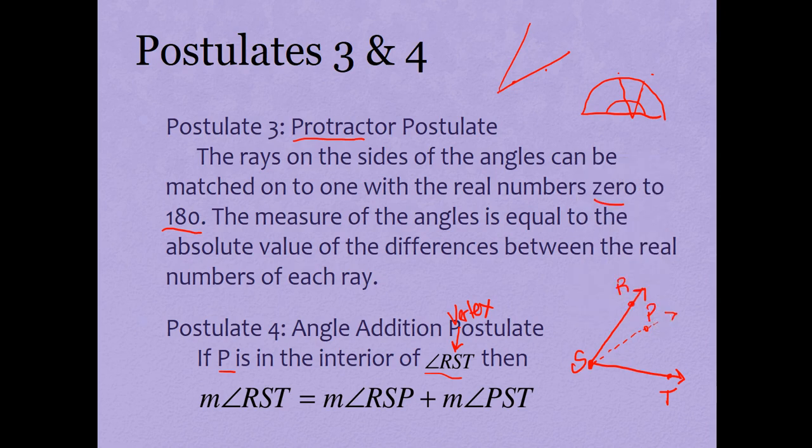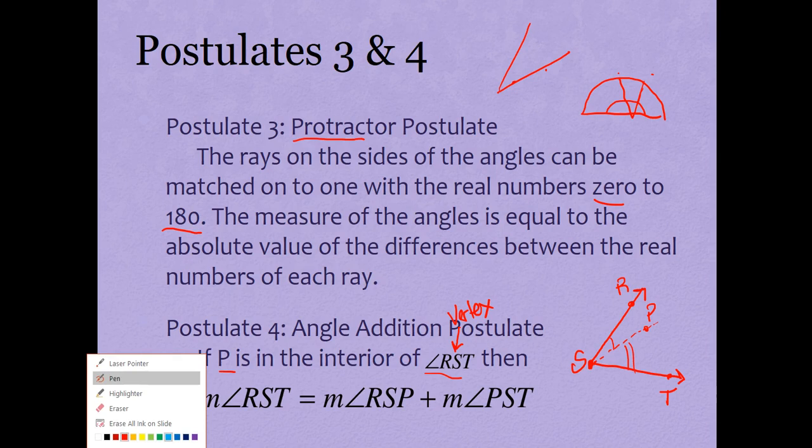The angle addition postulate says the whole angle RST is made up of these two smaller parts here: RSP, so that's the third letter instead of T, so it's going on the inside, and PST. Hopefully you're able to see where they got those from.